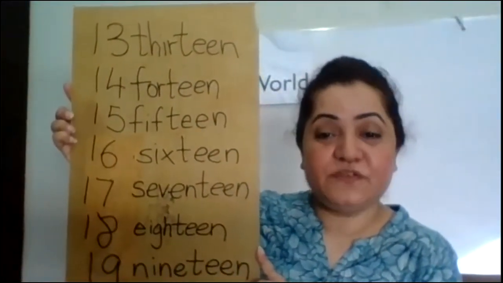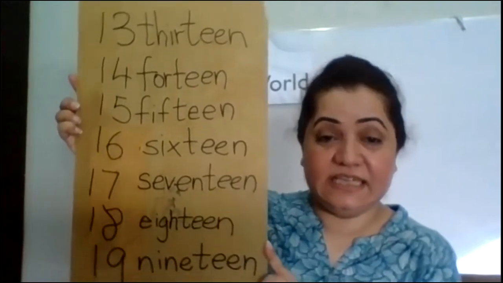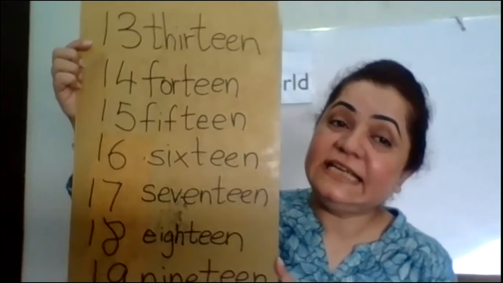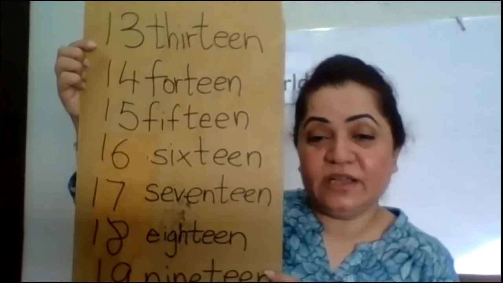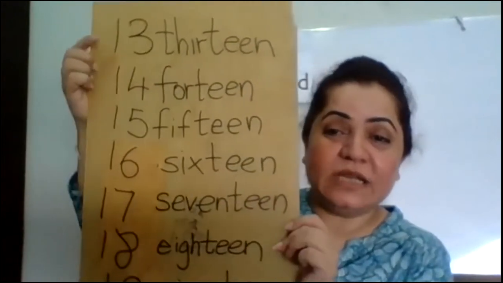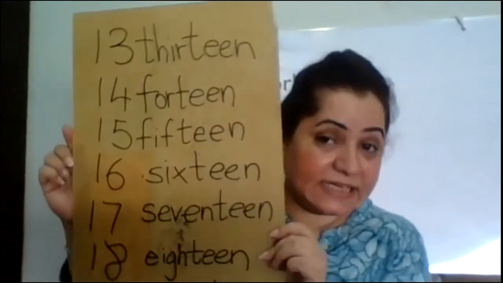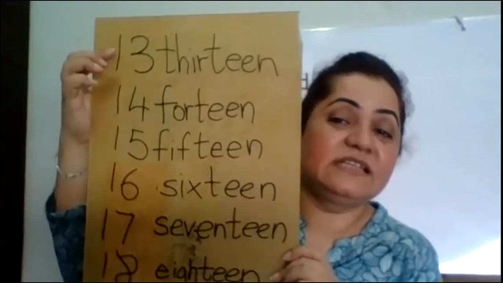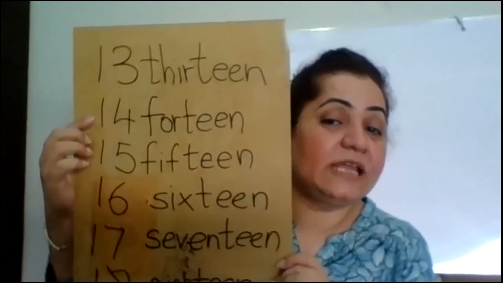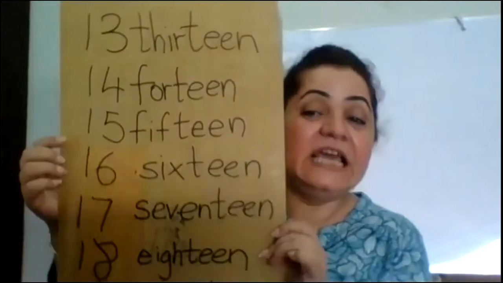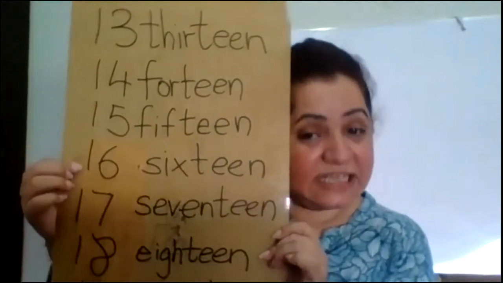13, 14, 15, 16, 17, 18, and 19. Now, I've told you that all the teen numbers have number 1 over here. See, number 1, 1, 1, 1, 1, 1, 1. And the next number changes. That makes it 13. With number 4, it makes it 14. With number 5, it makes it 15. Number 6, it makes it 16.